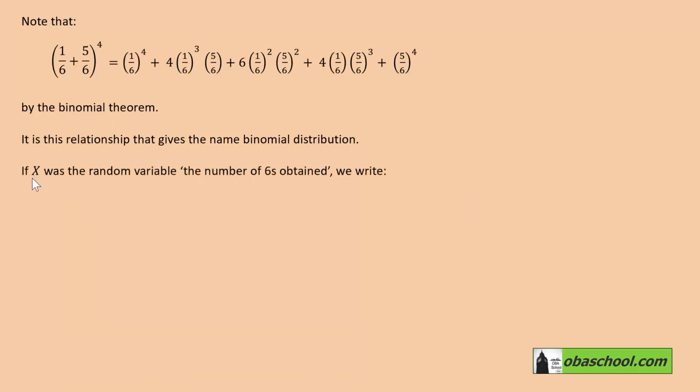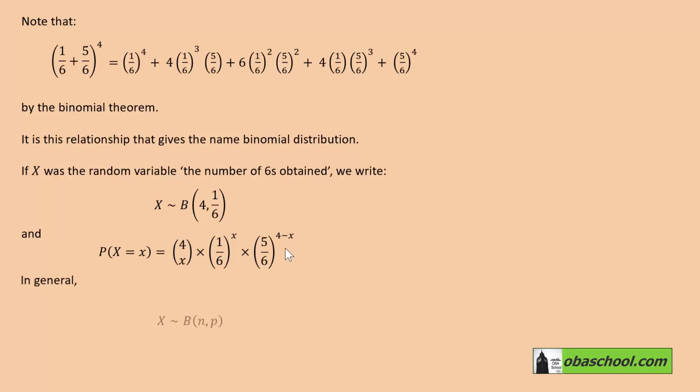If we denote x as the random variable, the number of 6s obtained, we write x follows a binomial distribution with 4 trials and a probability of success of 1/6. And the probability of X being x is 4Cx times 1/6 to the power x times 5/6 to the power 4 minus x.